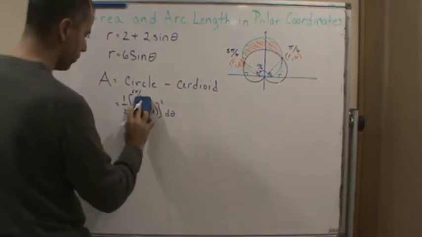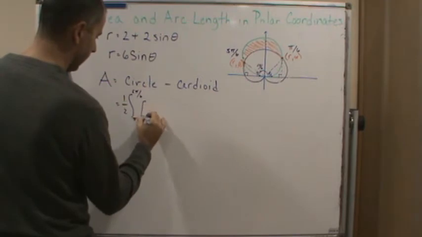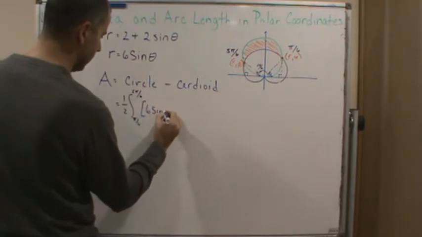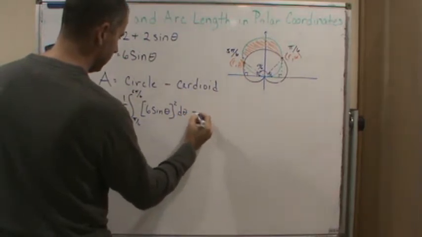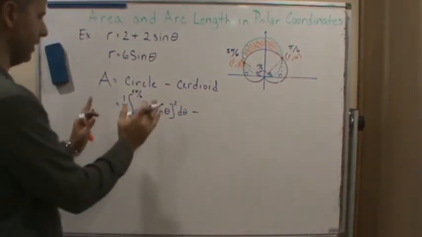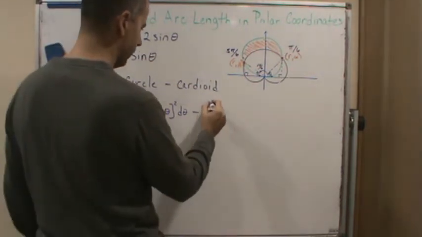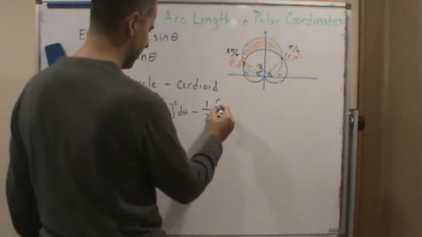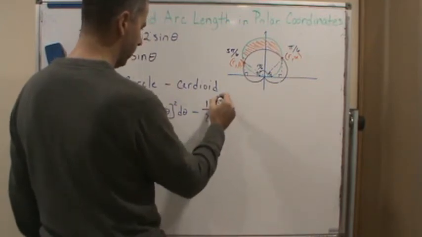So we're going to write this as 6 sine theta quantity squared d theta. That's the setup for the area of the circle. Minus, now we're going to start over and set up the area for the cardioid.